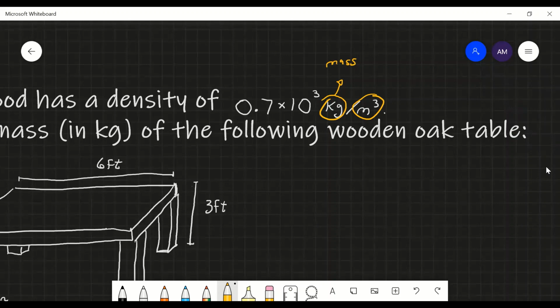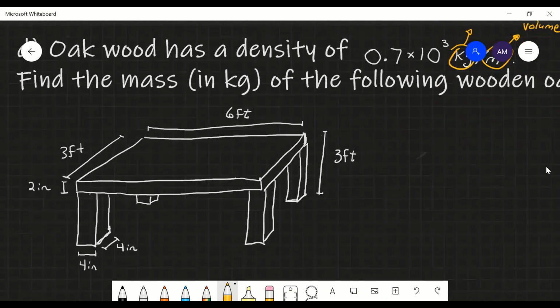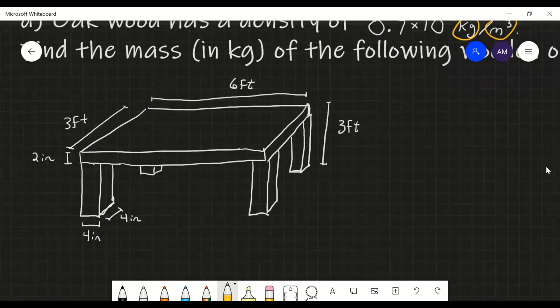But for now, we'll say that they're the same thing. Meters cubed is a measurement of volume. So it looks like we'll have to calculate the volume of this entire table, and then we can consider the density and think about how much mass that's going to make. So let's do that first.